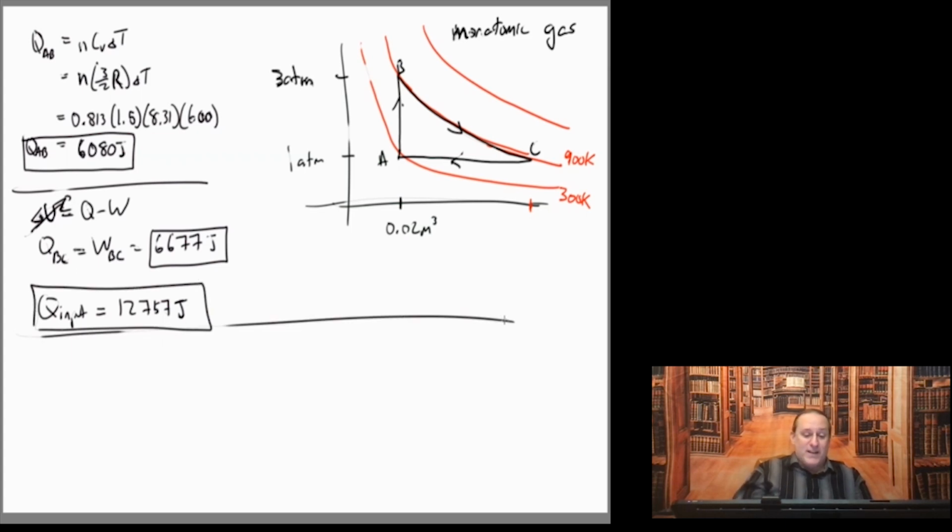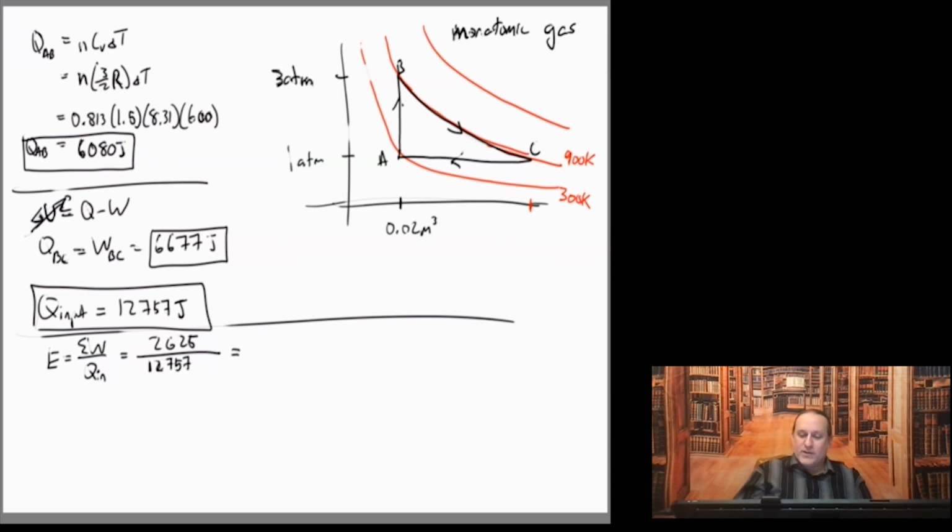Now we're ready to find the efficiency. The efficiency is equal to the net work over the heat input. My net work was 2625, and the heat input is 12,757.